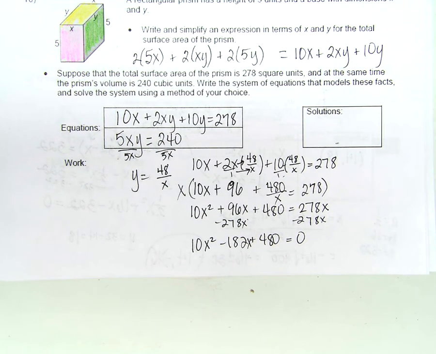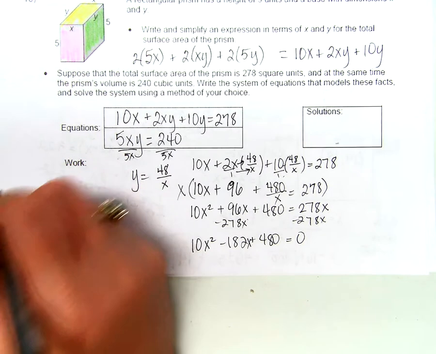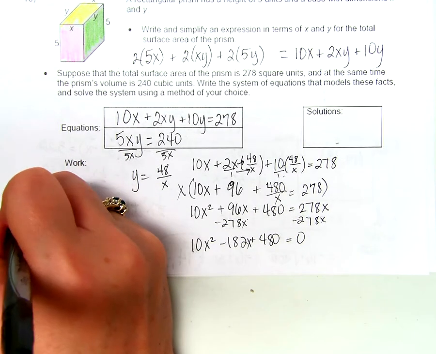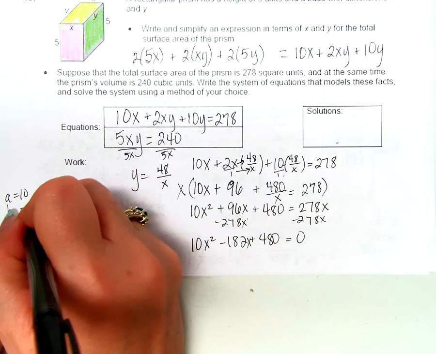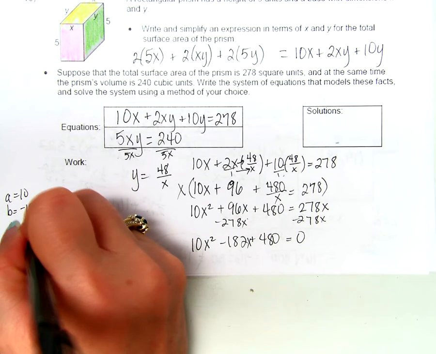Which one would you like to do? Does anyone have a choice? You want to use the quadratic formula? Okay. A is 10, B is negative 182, and C is 480.